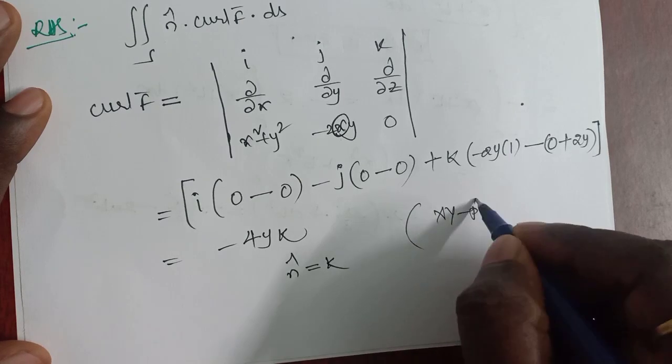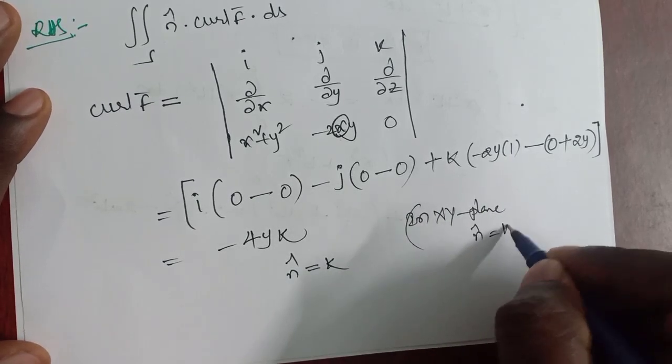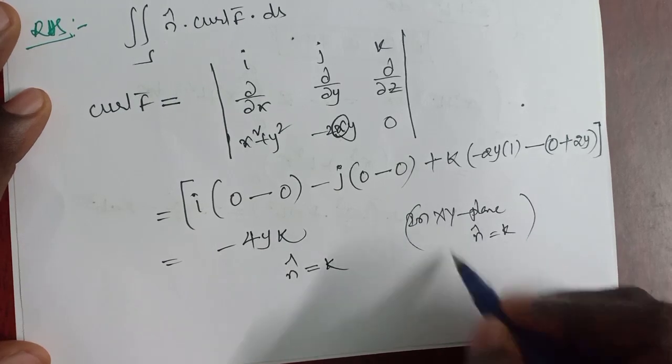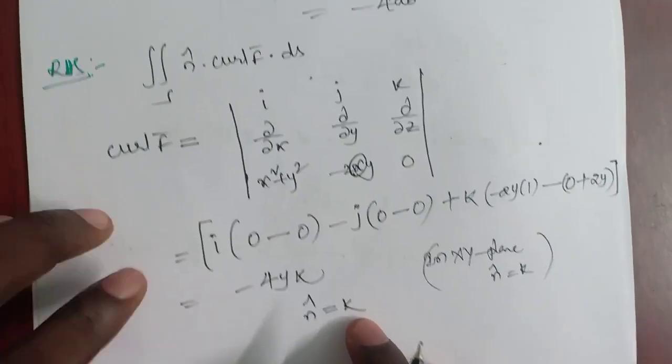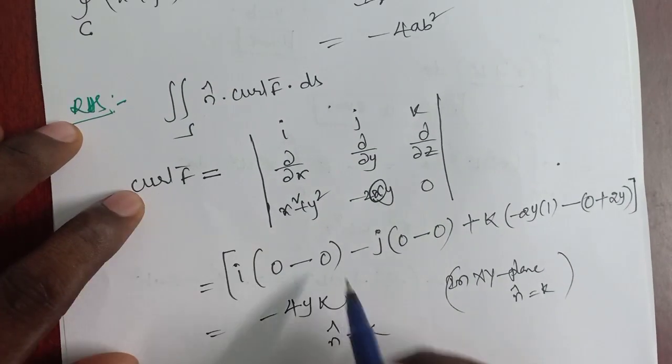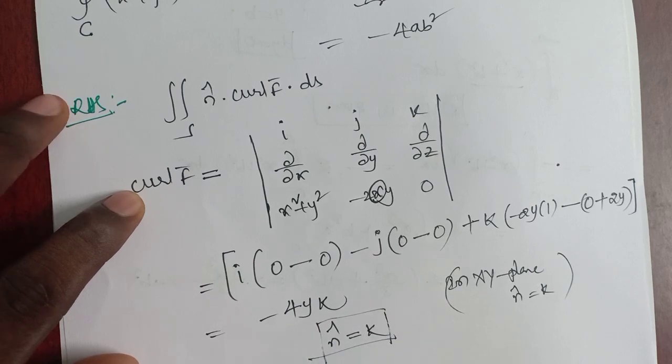In the xy plane, n cap should be equal to k. So in the xy plane, the normal n cap equals k. So we have curl f bar, that is minus 4yk, and n cap equal to k.